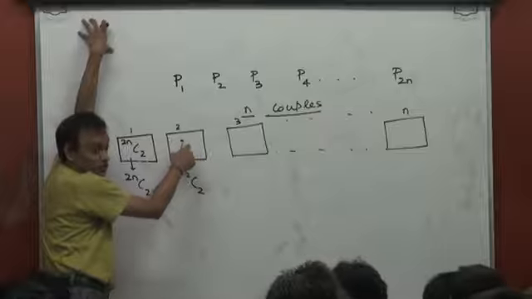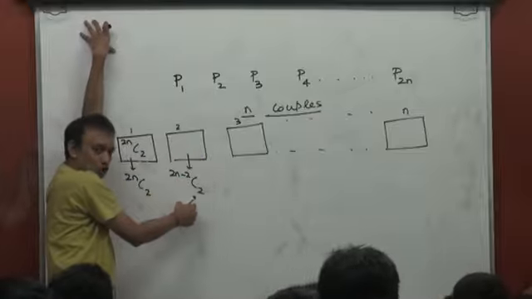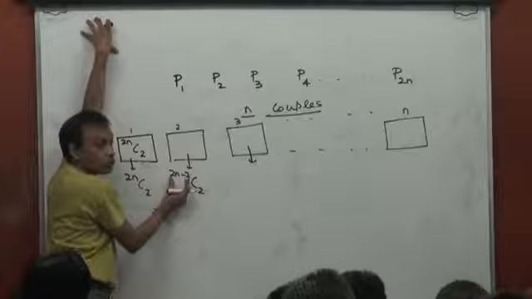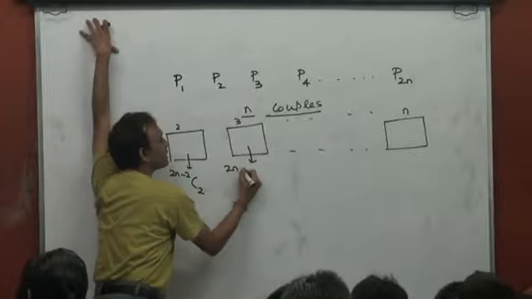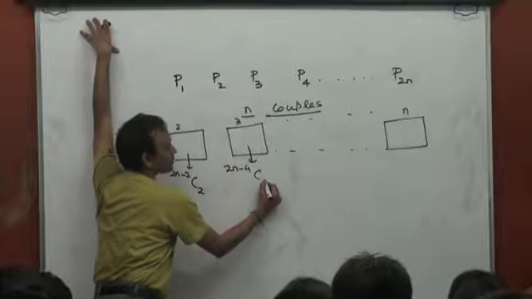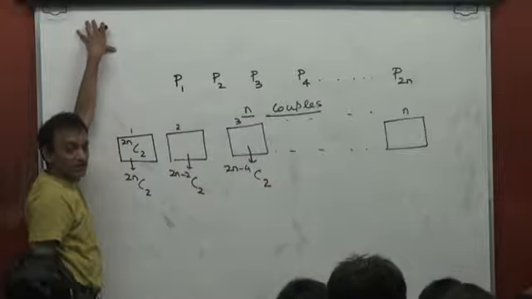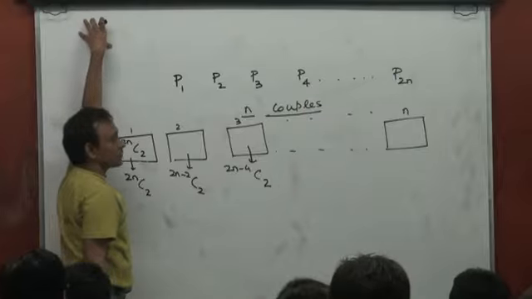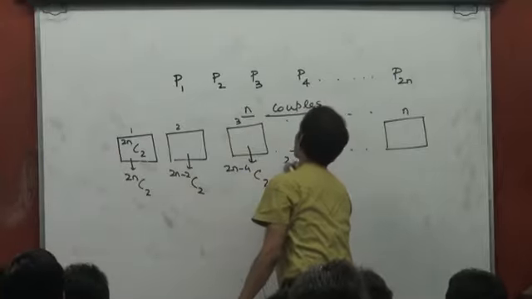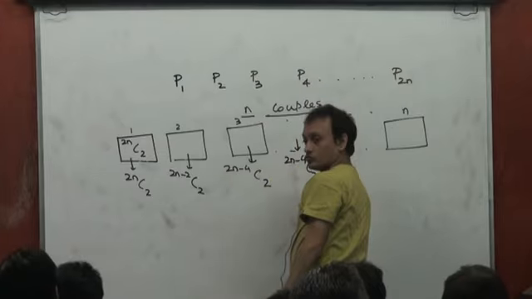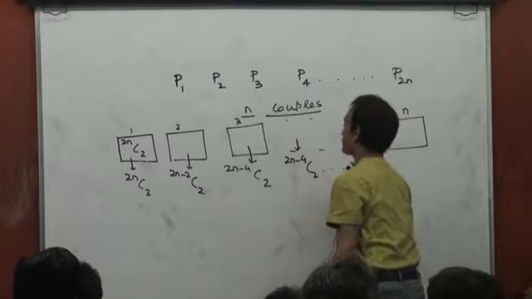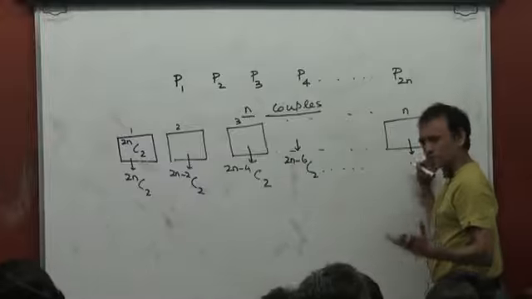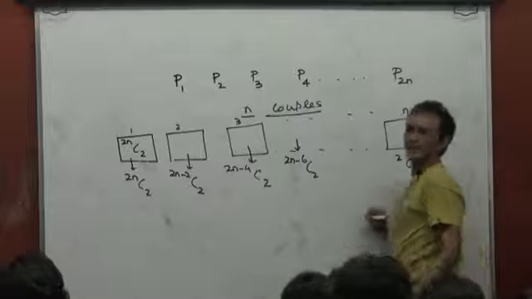So the number of ways of filling out this spot is going to be 2n minus 2, C2, right? And then how many people remain after this selection? 2n minus 4 people remain. The number of ways of filling out this space is going to be 2n minus 4, C2. Yes or no? Similarly, next you will get 2n minus 6, C2. And eventually, for the last slot, there will be 2 people left, 2 C2 ways.